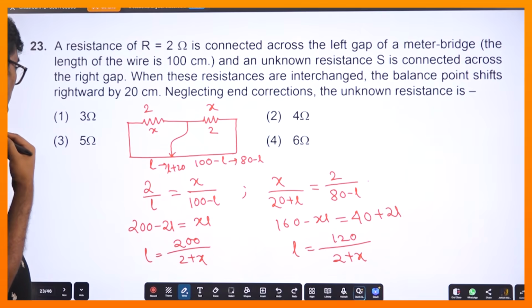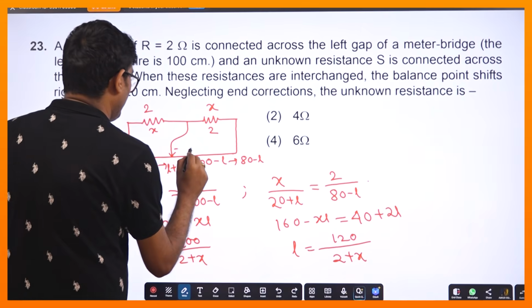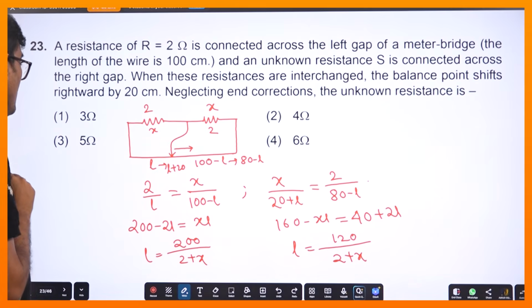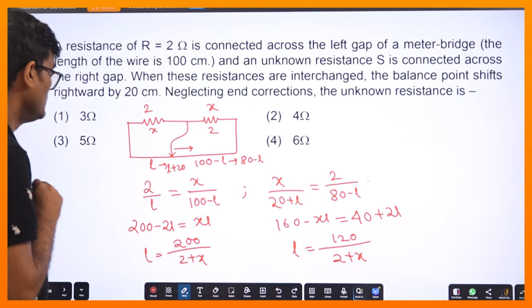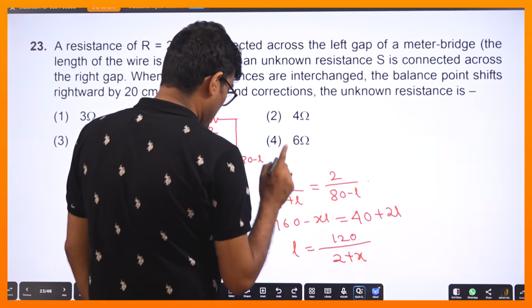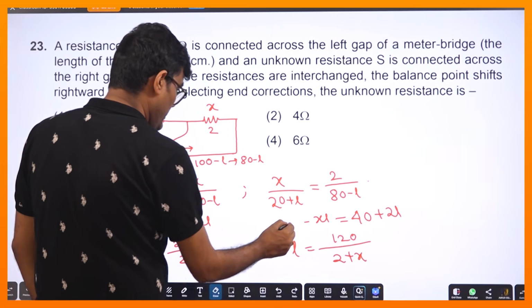L plus 20, it shifts right side by 20 centimeter. It is 80 minus L. So 80x minus xL. I have made one mistake here. It should be 80x.